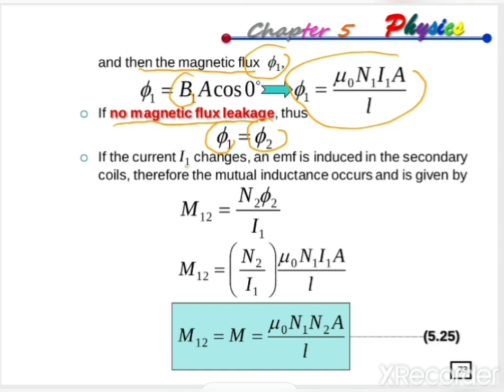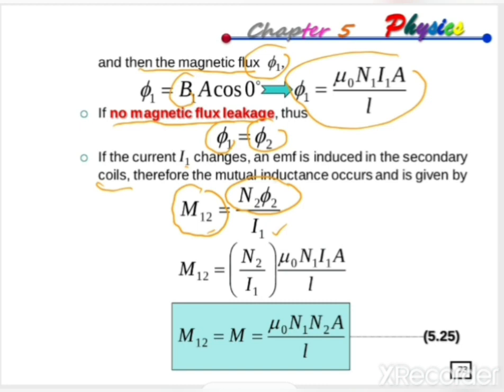If the current I1 changes, an EMF is induced in the secondary coil. Therefore, mutual inductance occurs and is given by the mutual inductance by coil 1 on coil 2, which is equal to the flux linkage through coil 2 per current in coil 1.